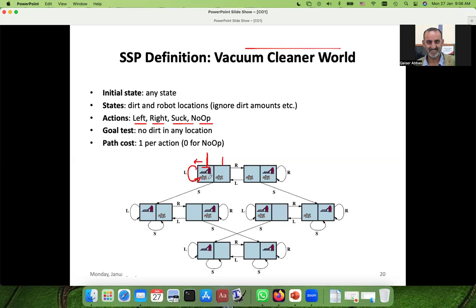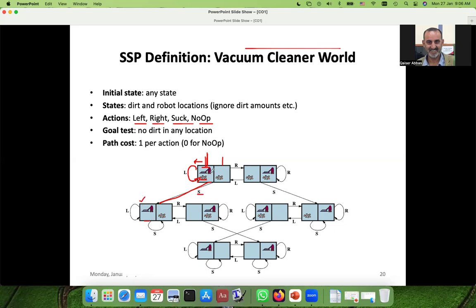If you perform sucking, this dirt will be finished. If your agent performs sucking, the dirt will be finished, and you can see this would be the next state, S for sucking, and this would be the next state, no dirt here. This would be the next diagram.